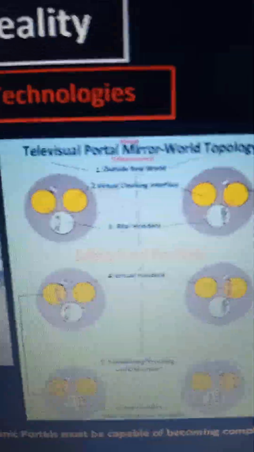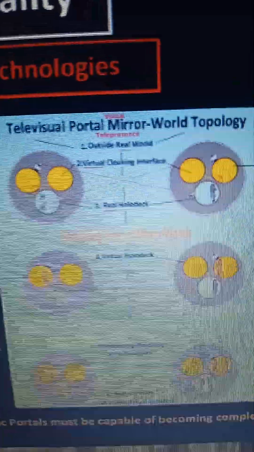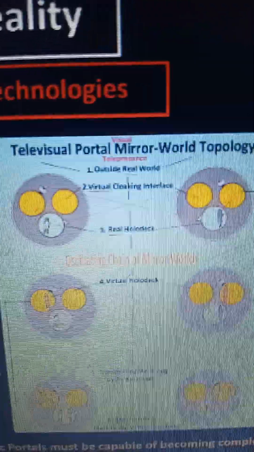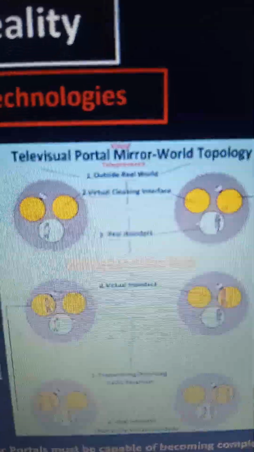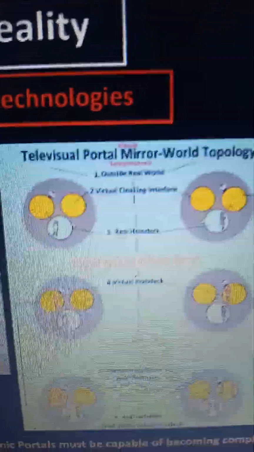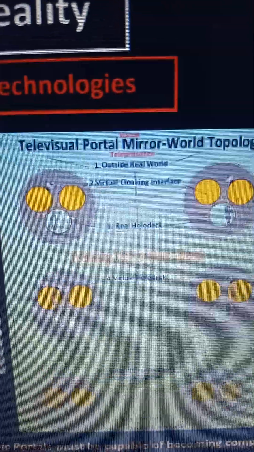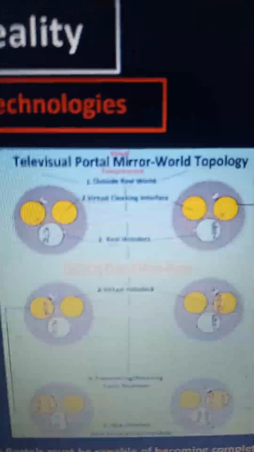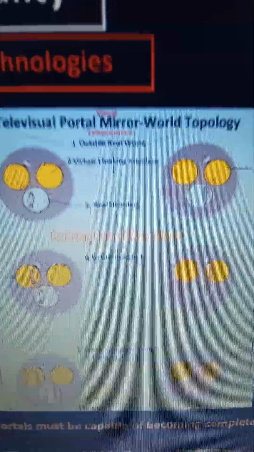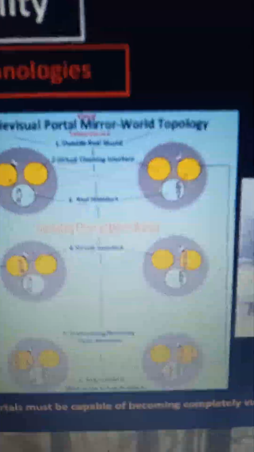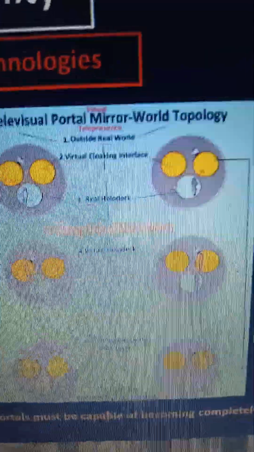This follows a cyclic recursion, an oscillating chain of mirror worlds is what I call it. You have the outside real world, you have the inside virtual cloaking interface, which is nothing but light information, which feeds into the real holodeck, or virtual environment, which feeds into the virtual holodeck, which is transmitted back over to the other person's real holodeck. Can you see the picture now?